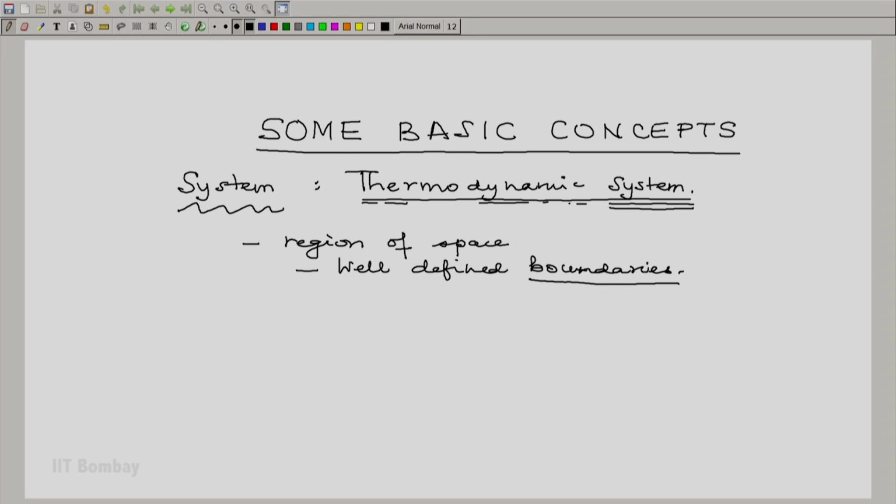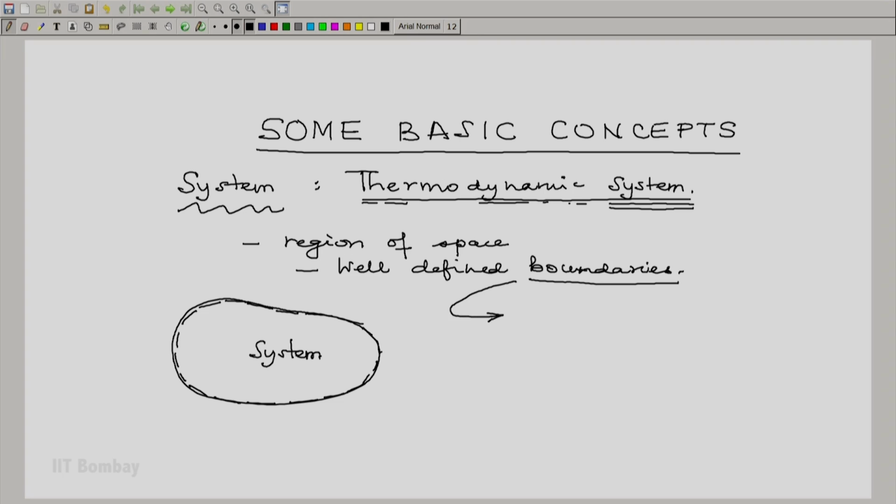This boundary is important because a system in general representation would be a region of space, and the boundary may be defined as this boundary, or sometimes to emphasize that this is the boundary we overlay it with dashed lines. We will see illustrations of real life thermodynamic systems later, but in general we would say some region of space with well defined boundaries.